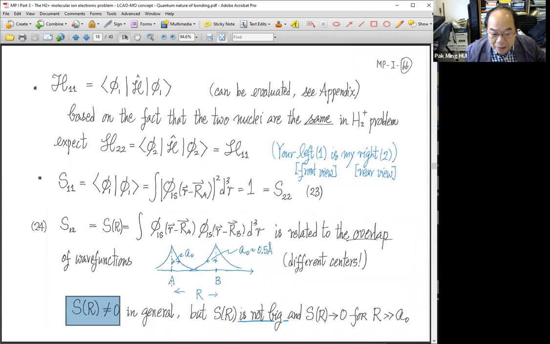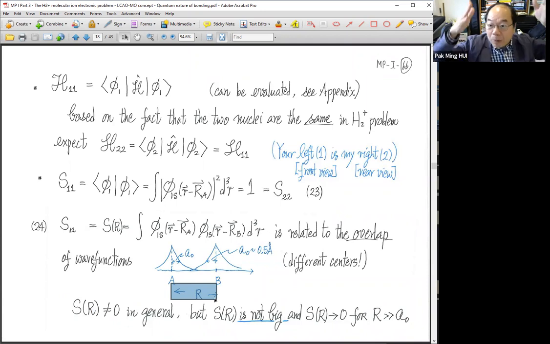At the end, this preferred separation is about 0.7 angstrom. Both sides are decaying, but in the middle, they do see each other non-zero. But the product is dropping times dropping. Exponentially decaying times exponentially decaying is not going to be big.